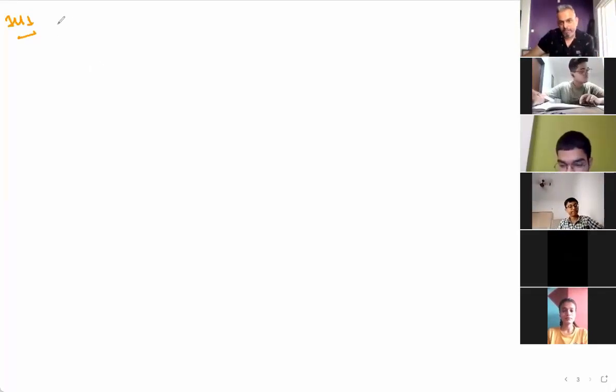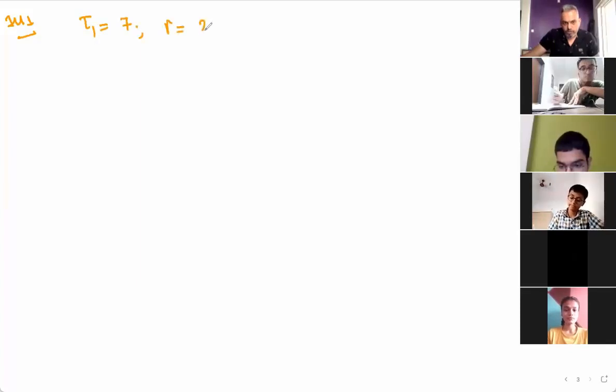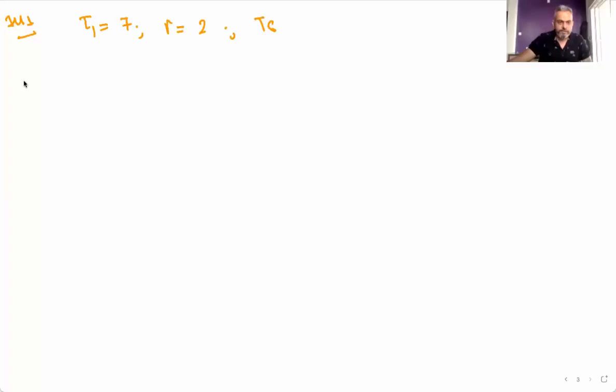Now I'll write the important part of the question over here, and then we try to find the solution. The important part, or what is given: the first term T1 is 7 and common ratio R is equal to 2. We have to find the sixth term, that is T6. So how do we do this? Very simple.